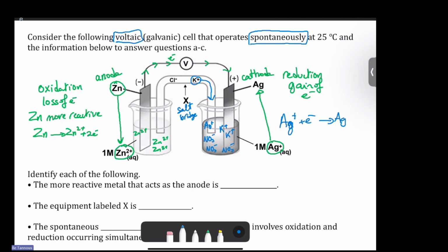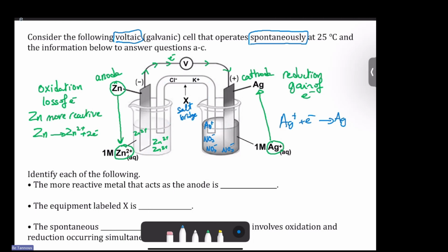And on the other hand, because there are a lot of positive ions produced on this side, the salt bridge will send negative ions to balance the Zn2+ formed. Like this, the salt bridge will maintain the cell neutrality.